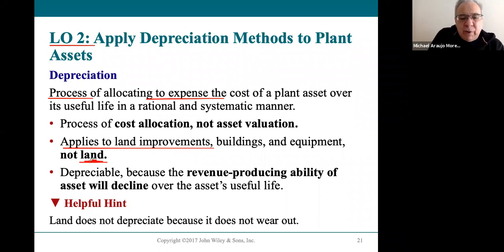It's different if we were a natural resource company. Let's say we were a mining company or a logging company or an oil company. Then the land, the reason we bought the land or we own the land, is to generate revenue from it. We pump oil, we get minerals out of the ground or gold out of the mountain, or we grow trees and cut them down and sell them.